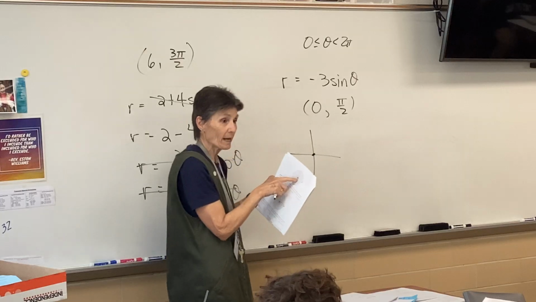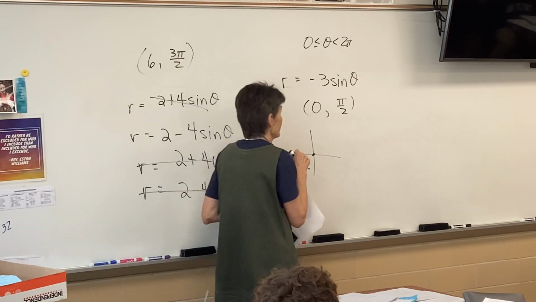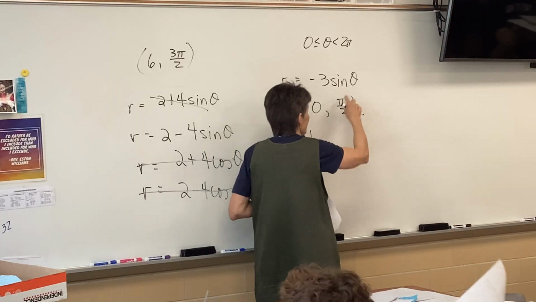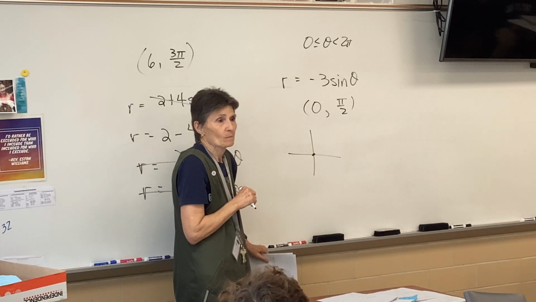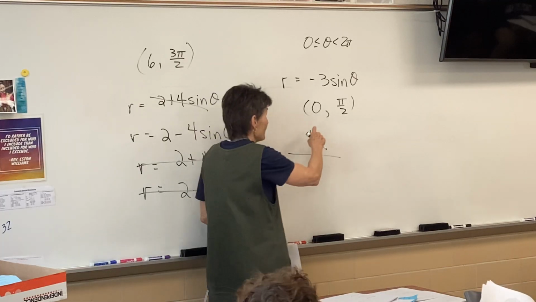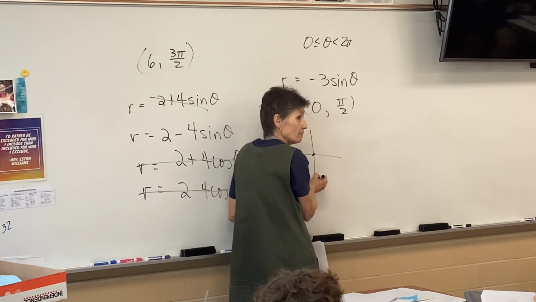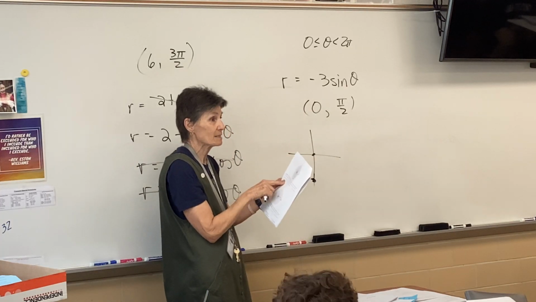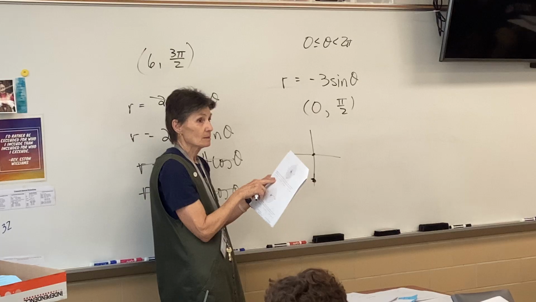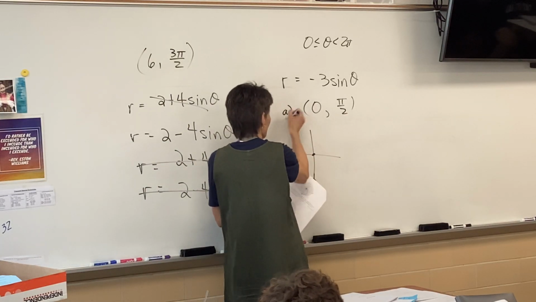And that's good, right? Now, let's put in pi over 2. What's the sine of pi over 2? 1. So that would be -3. So that would be plotted down here, right? Well, that looks okay. That looks like it could be a possibility. So let's hang on to that one. This one, A, could be a possibility.